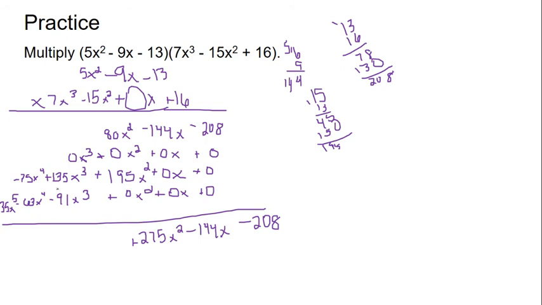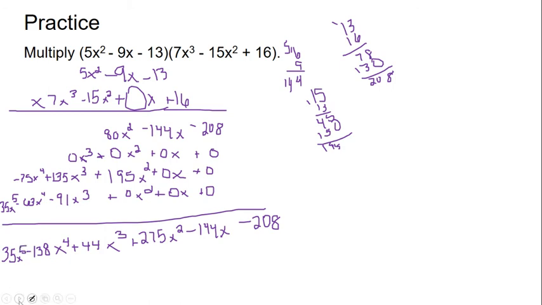And then our 135 minus 91 gives us a positive 44x cubed. Negative 75 and negative 63 gives us a negative 138x to the fourth, and then our 35x to the fifth out in the front.